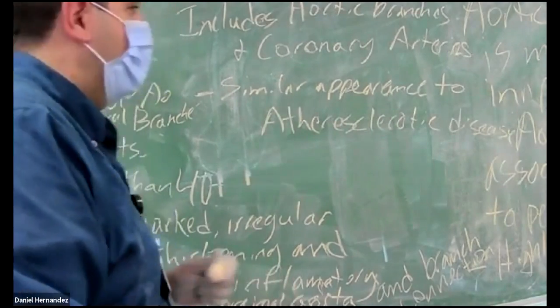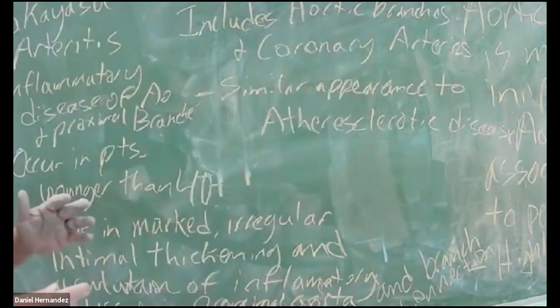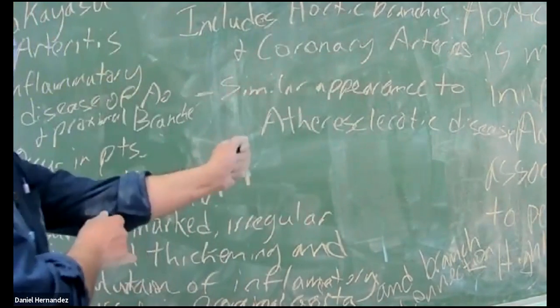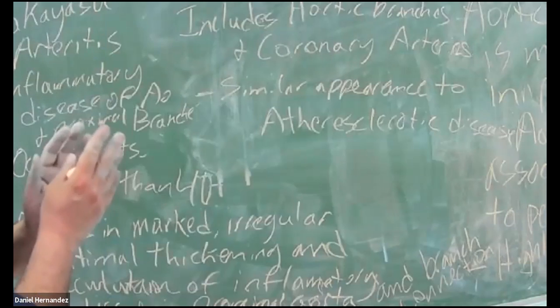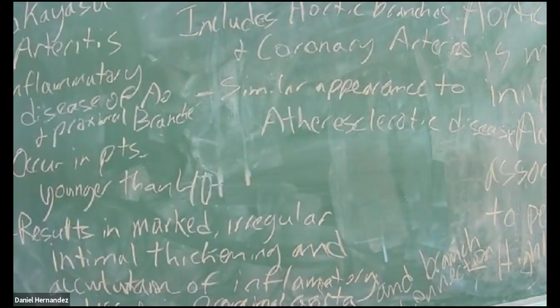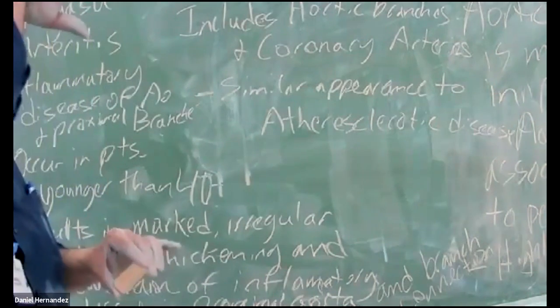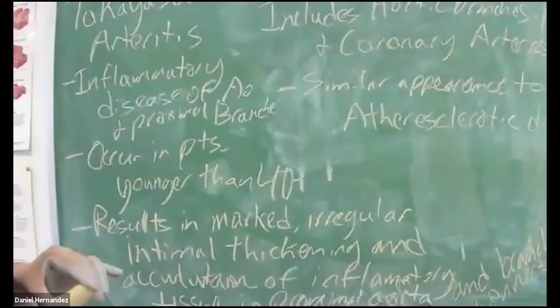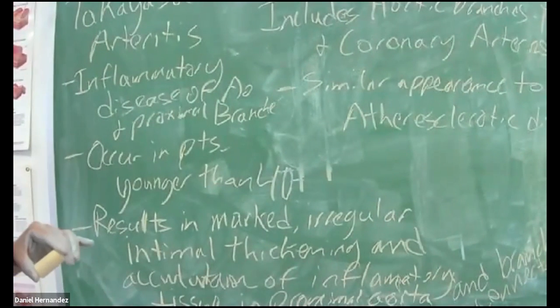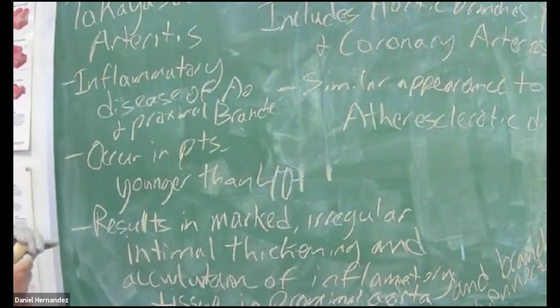So it's going to affect the aorta as well as the openings into those proximal vessels, the proximal branches. So it's going to affect the aorta and kind of go into the beginning portion of those proximal branches. So it's also going to affect the coronary arteries as well. And it's an inflammatory disease that causes thickening of the intimal layer, which looks irregular.